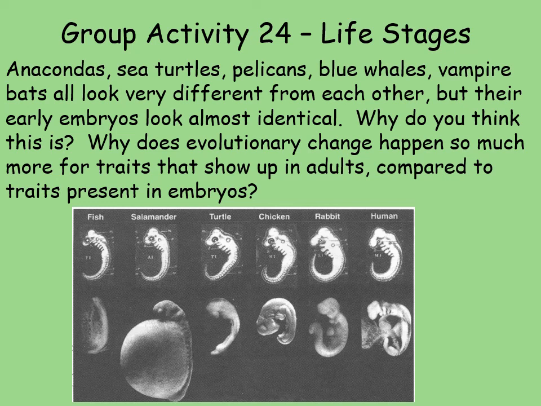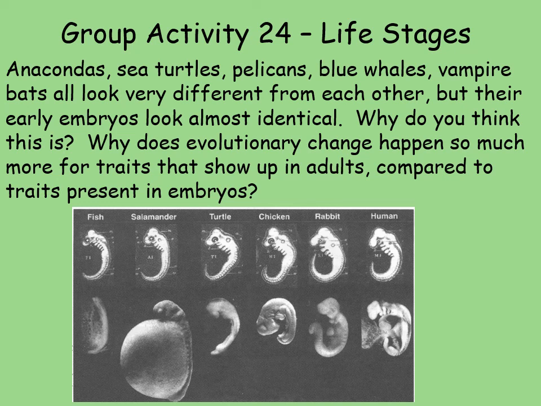If you look at this picture I have at the bottom here, these are different examples of embryos. I've got a fish, a salamander, a turtle, chicken, rabbit, and a human embryo. So now I'm asking you, why do you think that is?